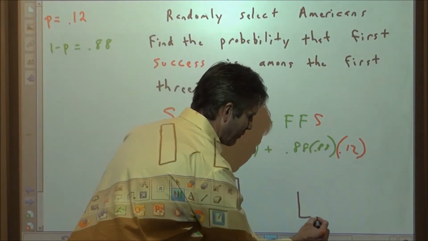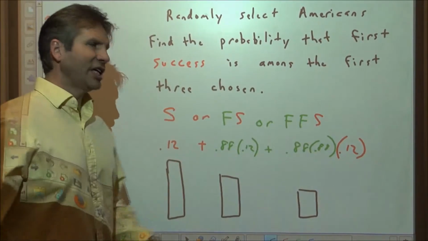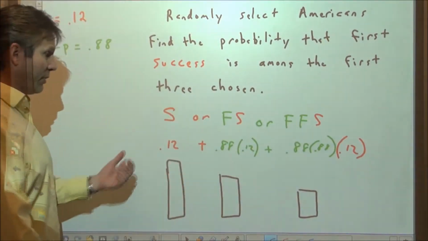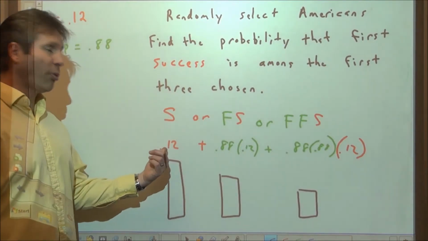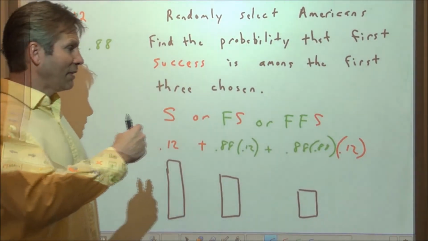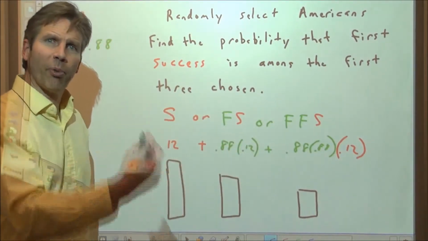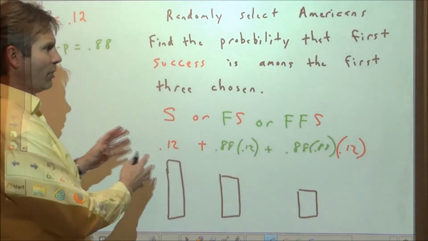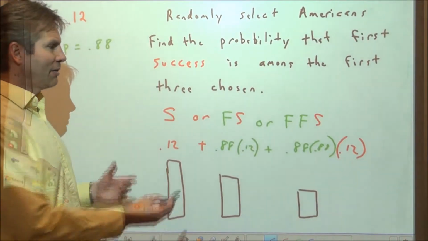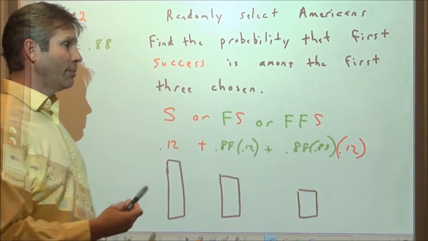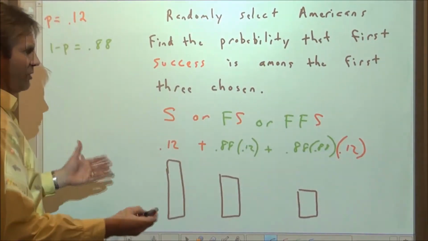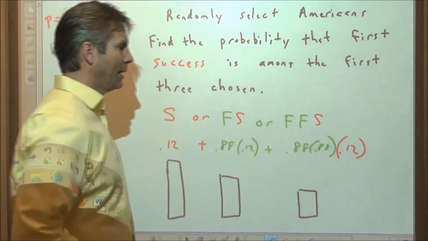And that's where we get the term geometric. It's actually a geometric series, if you remember from Algebra 2, where the starting value, the first term, is 0.12, and then the multiplier, the common ratio, is 0.88. You keep multiplying by 0.88. So it gets its term, geometric probability, from the fact that this is a geometric series, where we're adding up these probabilities, or a geometric sequence if you just want to look at them separately.